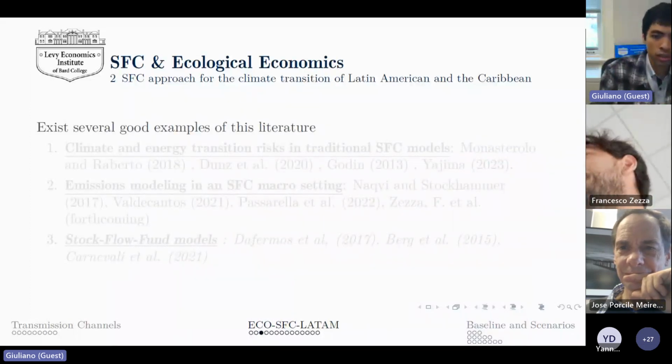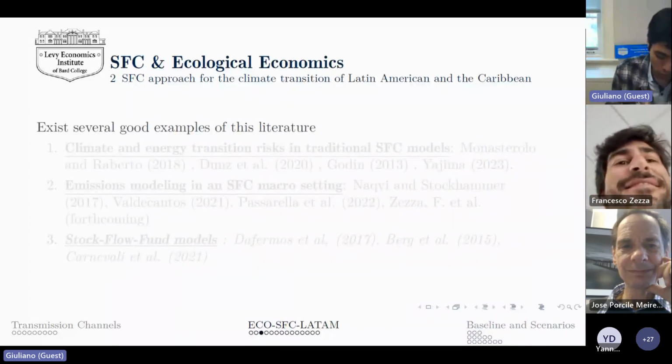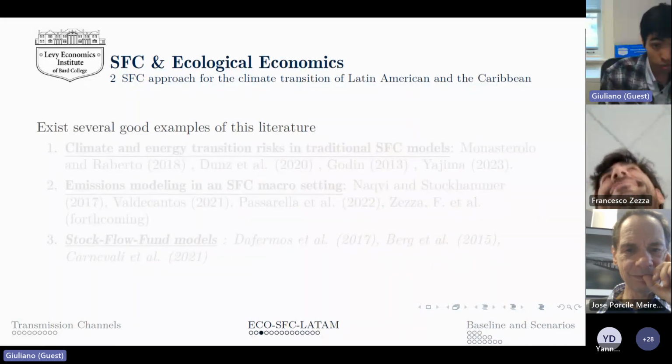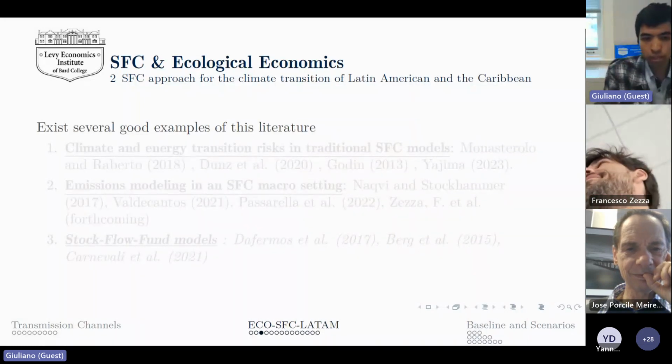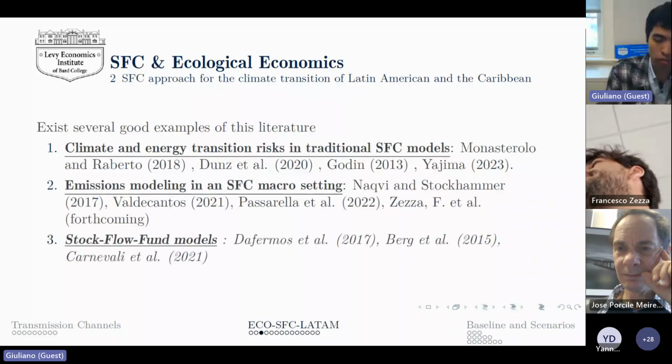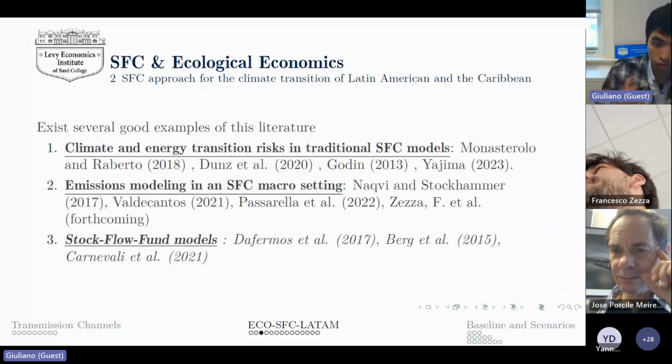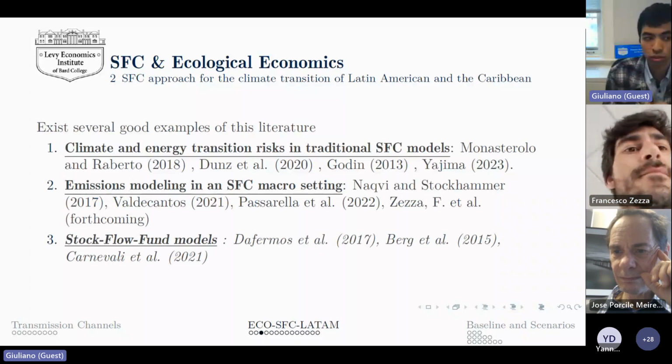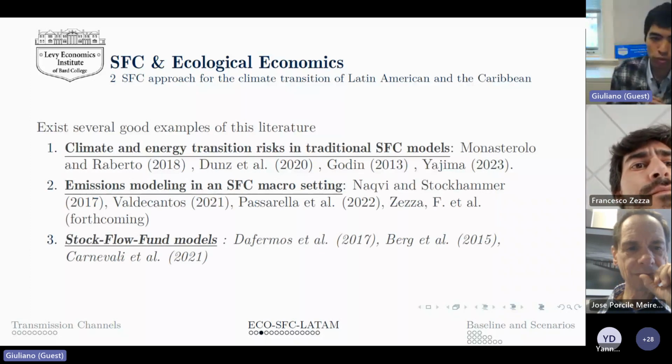Broadly speaking, this literature has been booming in the last few years. In this SFC-related literature, we can find three types of contribution.